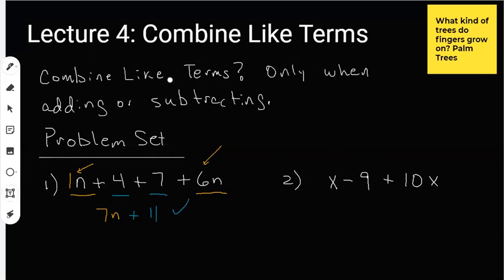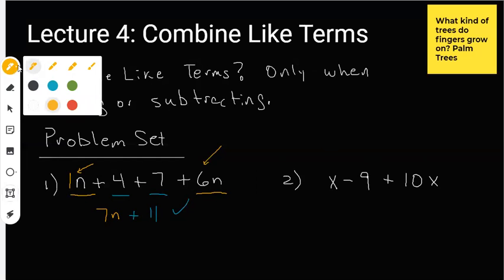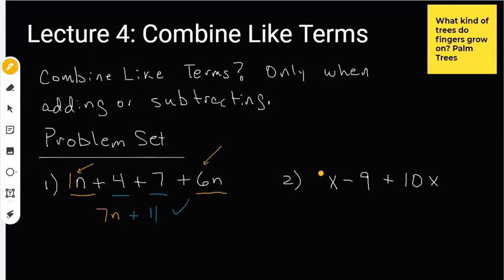So since there's no number out in front, I'm going to assume that there's a 1 out in front because I always assume that when I don't have a number offhand. Okay? Now, both of these terms that I underline are going to end with an x. So I'm going to put those together. But the negative 9 isn't going to combine with anything because there's no other number to put with it. So I'm just going to underline that one in blue.